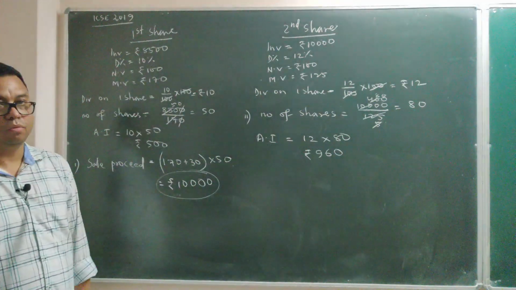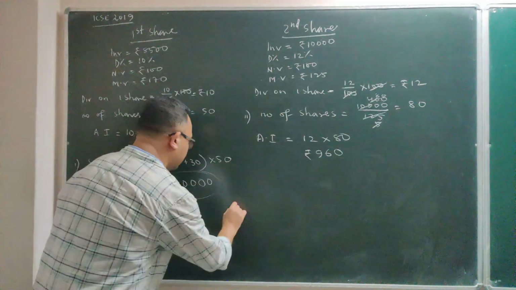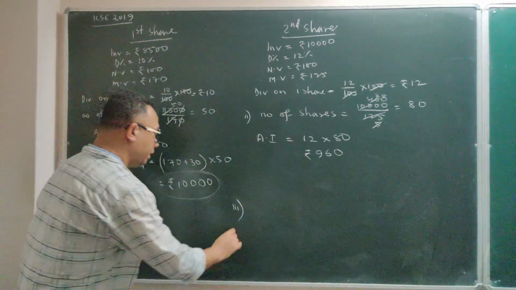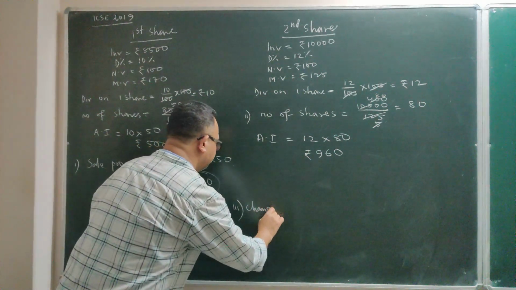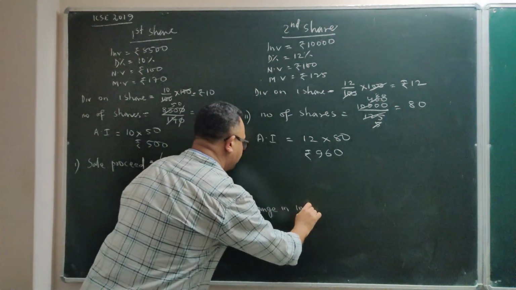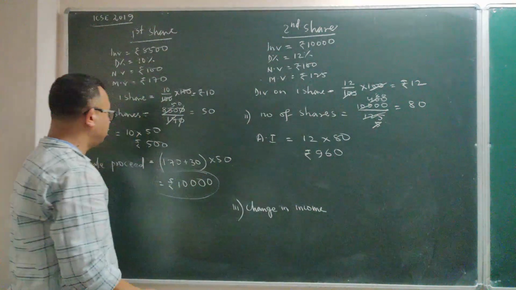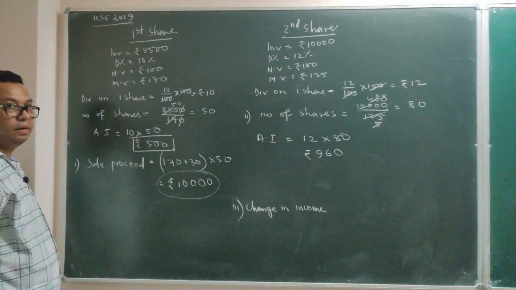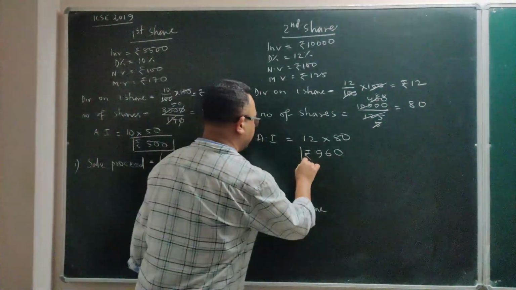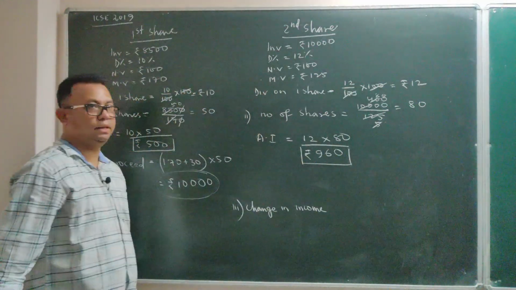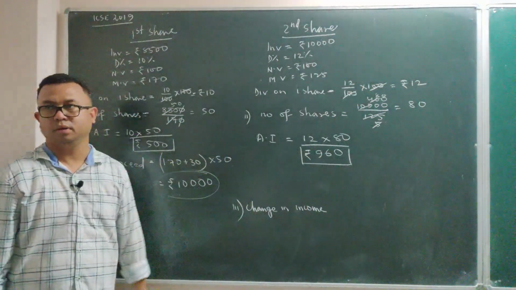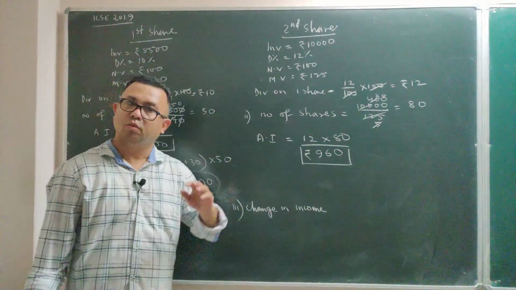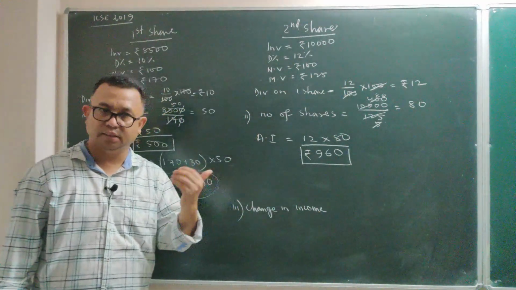Now the third question was asking, what is the change in income? You have to understand, previous annual income was 500 rupees. Now the income for this share is 960. Now there has been a change in income. But you know there are two kinds of change: one is increase and the other is decrease.